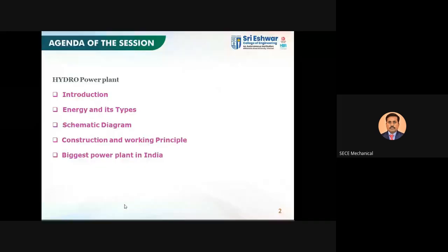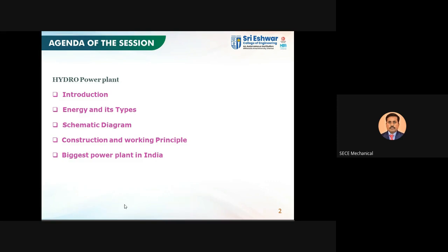Today we discussed what a hydro power plant is. With the help of a water source, we can develop power. Energy is of two types: one is potential, the second is kinetic energy. When water is stored in a dam, that is called potential energy.